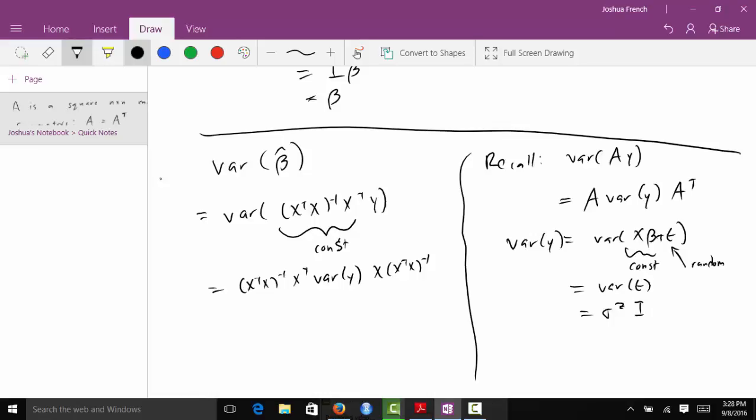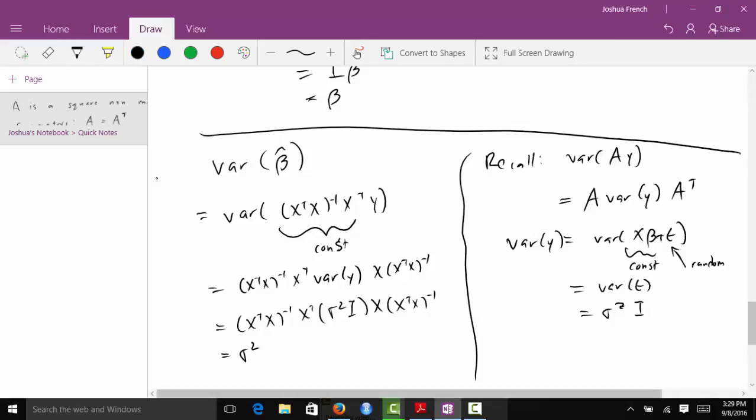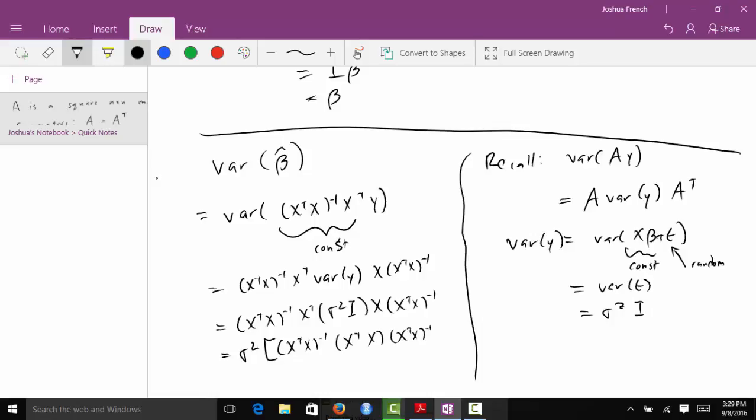So now we can substitute that back in on the left-hand side of our equations here. So (x transpose x) inverse, x transpose times sigma squared times the identity matrix times x (x transpose x) inverse. So now I can simplify this. I'm going to pull this constant sigma squared out front. The identity matrix doesn't really do a whole lot. So I get (x transpose x) inverse times x transpose x times (x transpose x) inverse.